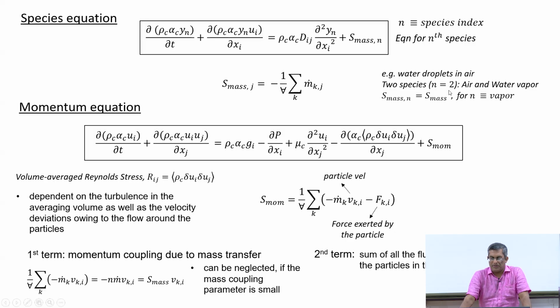But if we have more complex cases, for example, let's say combustion of fuel droplets, let's say combustion of diesel droplets, then initially what do you have? The reactants present, which means you have air and vapor of the fuel. But after the reaction, what are the species which are present?